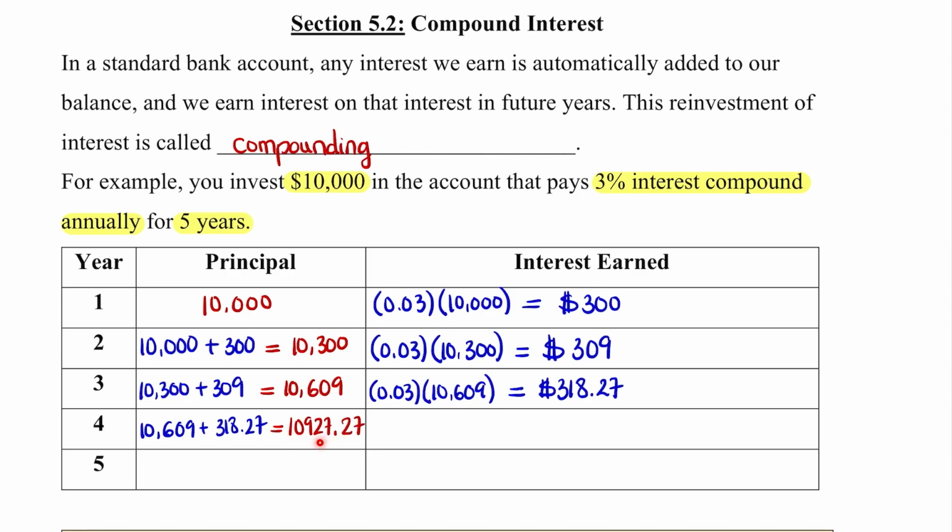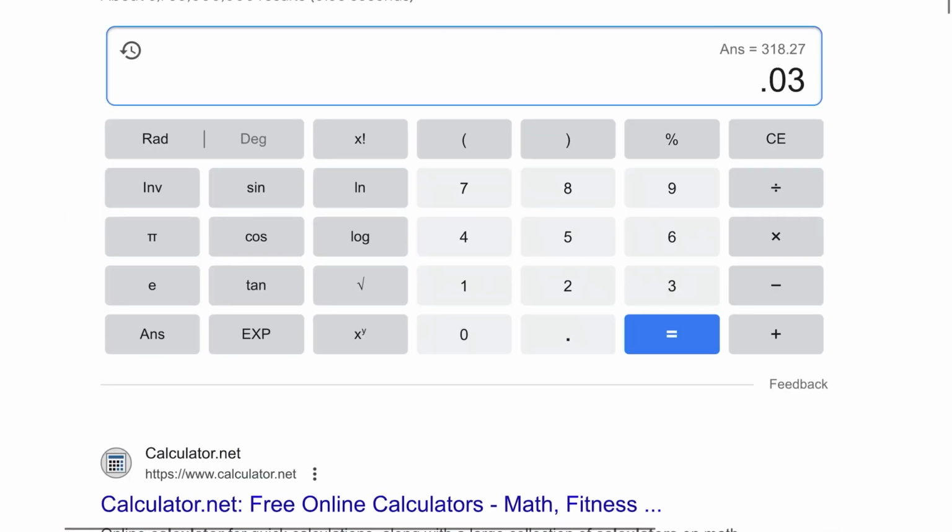So the principal of my fourth year is $10,927.27, and the interest that I'll earn in the fourth year will be 3% of $10,927.27, which is 0.03 times 10,927.27.